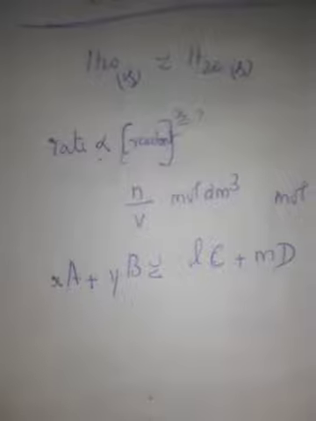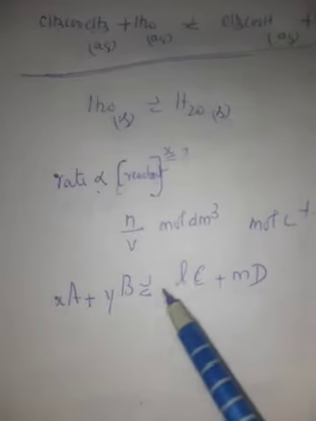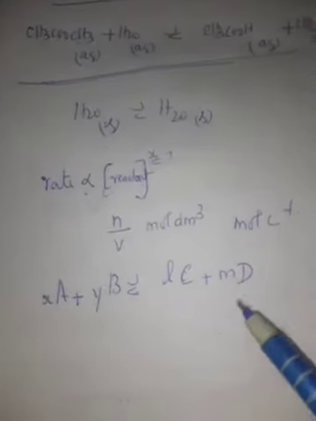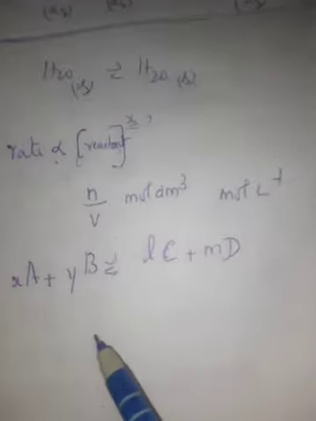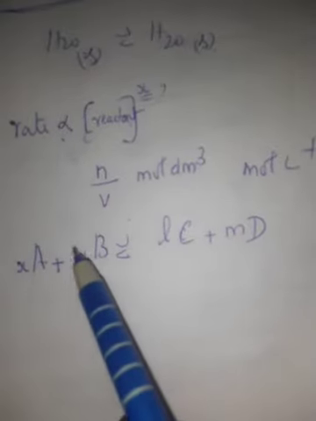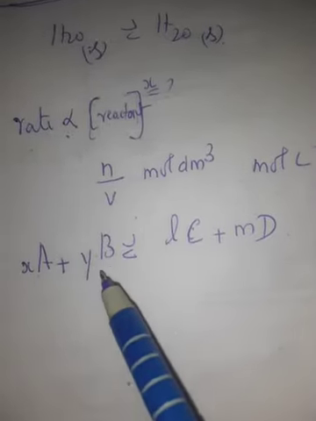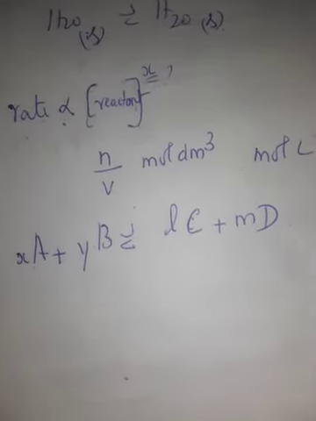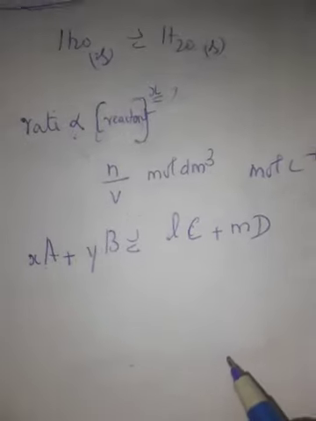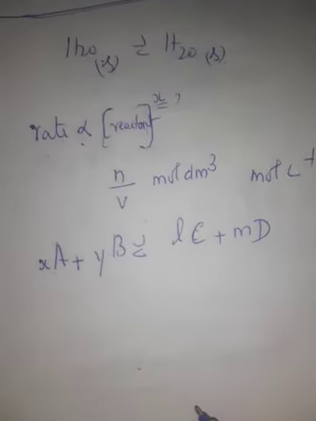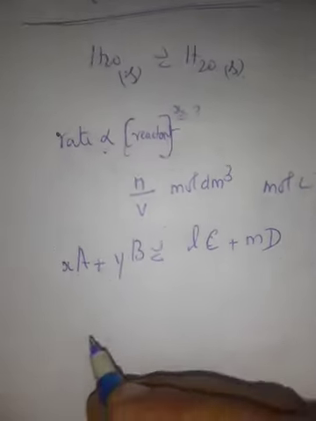So now A and B are reactants, C and D are products. Children understood? A and B are reactants, C and D are products, x, y, l, m are stoichiometric coefficients.